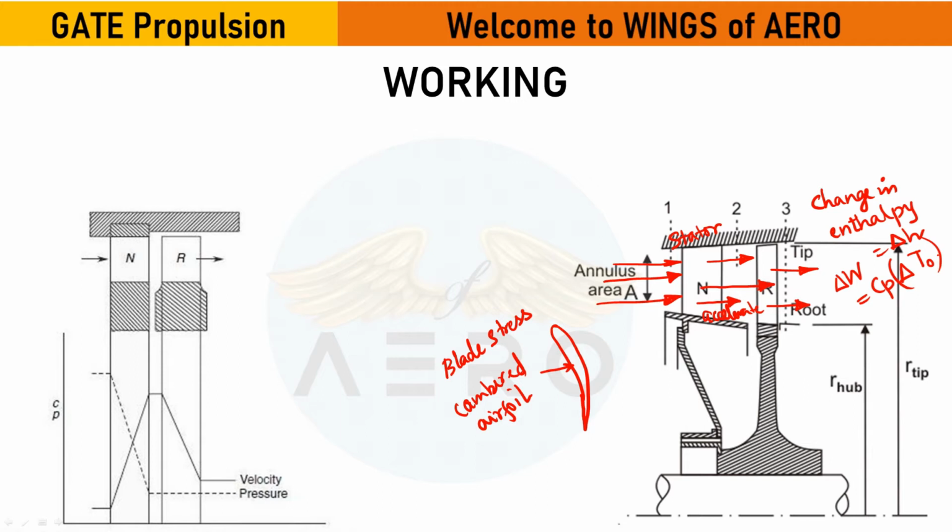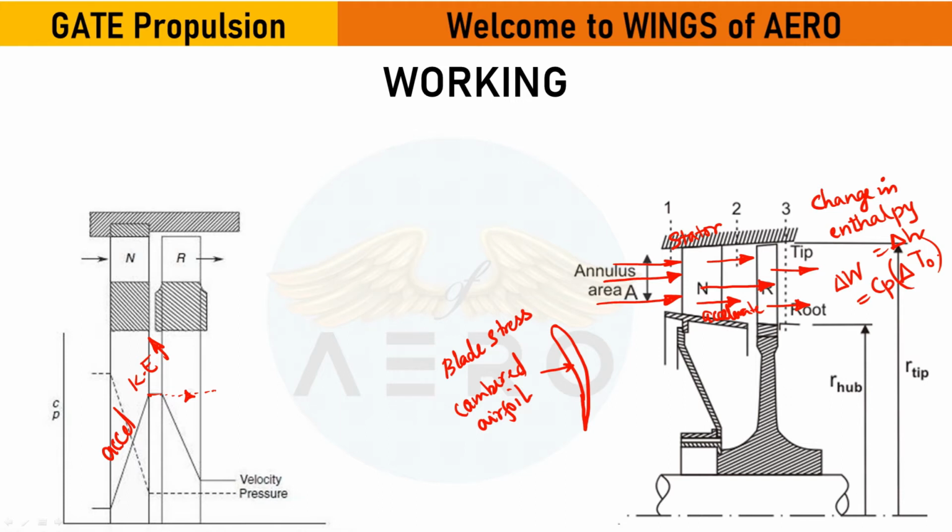See here, it is accelerating now, and when it is moving across the rotor, when this kinetic energy moves, there is energy transfer. That energy transfer leads to a power output for this entire turbine. The kinetic energy is increasing in the nozzle, not in the rotor.